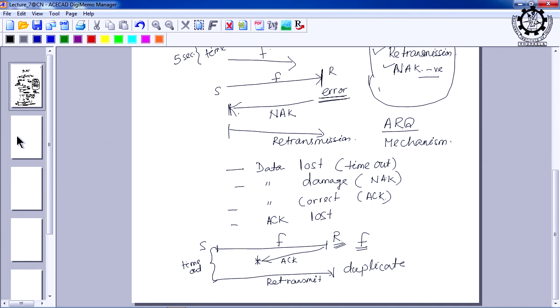So, the next very important mechanism is it must be able to discard the duplicate frames. Why? The reason is, if it processes the duplicate again, the resources are wasted. So, this is another mechanism to be done. It will discard the duplicate frames and then it will send back the acknowledgement again.